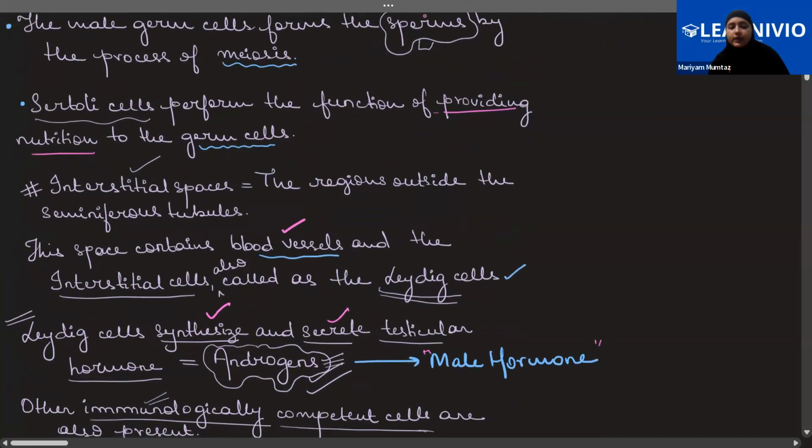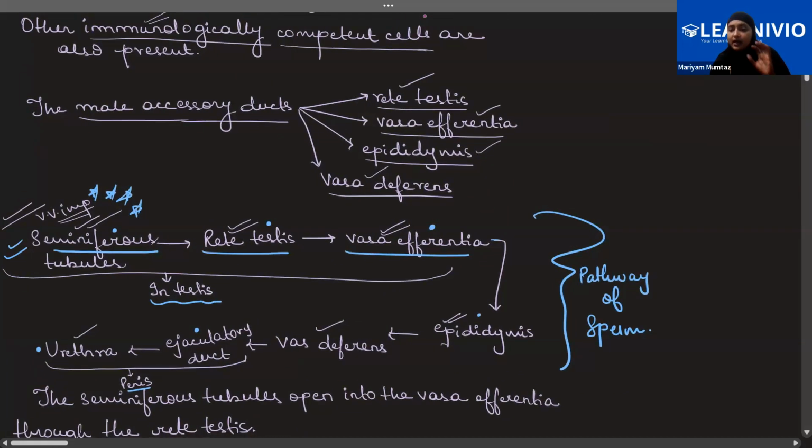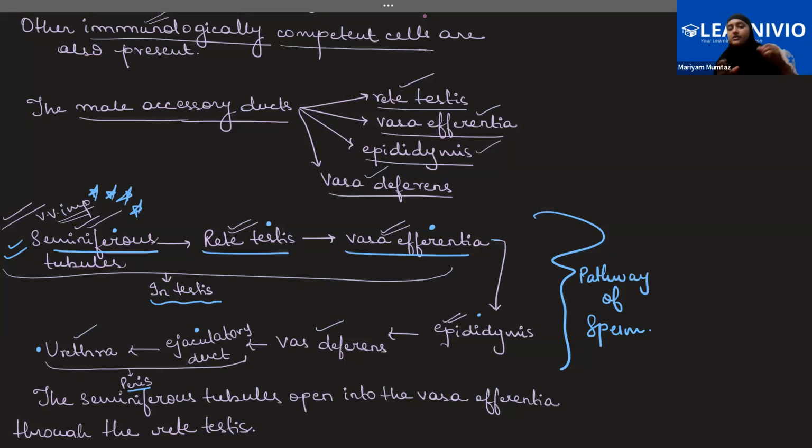Okay. Now moving forward, apart from the testes, there are ducts present in the male reproductive system. Those are known as the accessory ducts. Why ducts? Because inside the testes, once the sperms are formed, something has to be there to transport them, just like how we open the tap and we need a pipe to transport water to a garden hose.